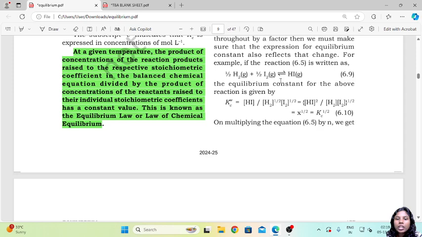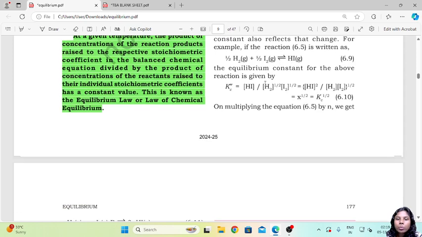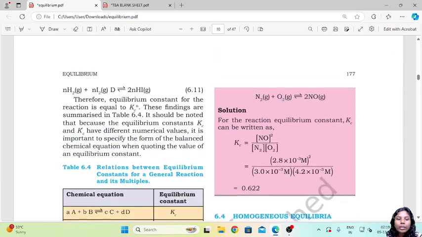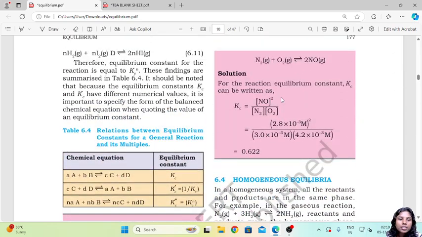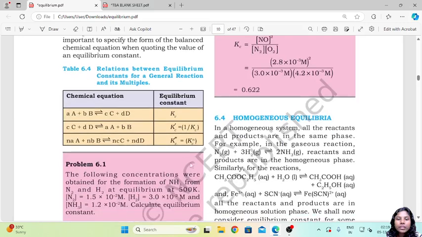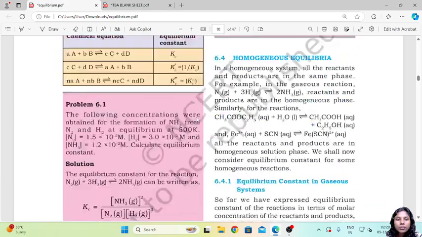So for example, if we have half H2 and half I2 giving us 1 mole of HI, here we also have to mention the power raised as half, so as to get the correct value. So finally, depending on the chemical reaction, this value of Kc will change, and we have to be very specific about what the chemical reaction is and what the equilibrium constant is.